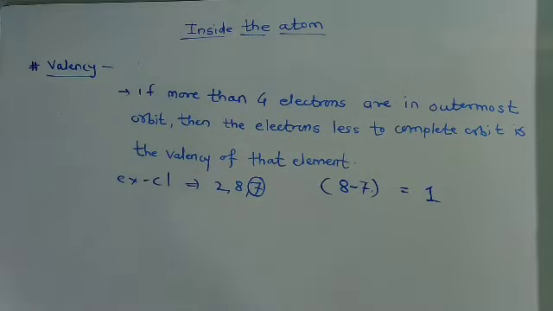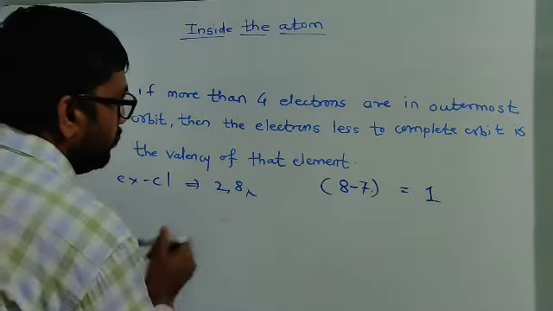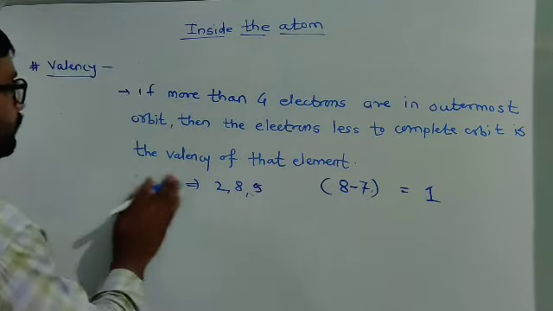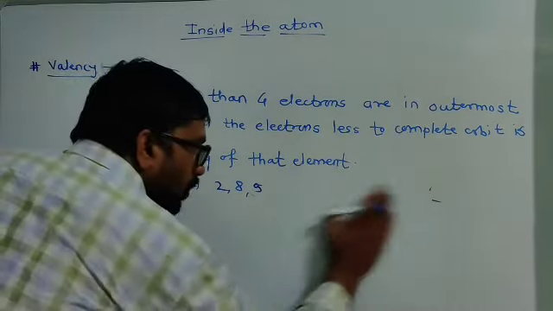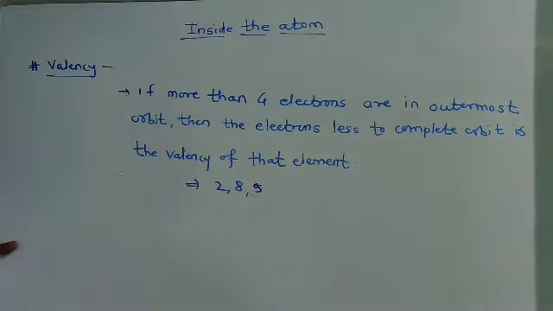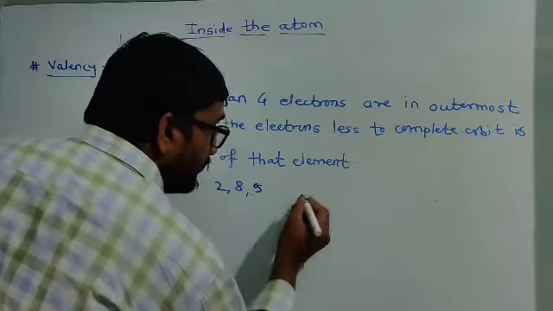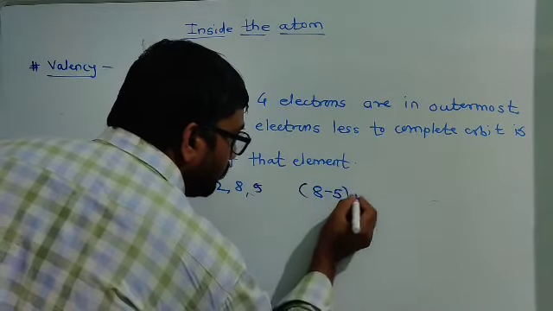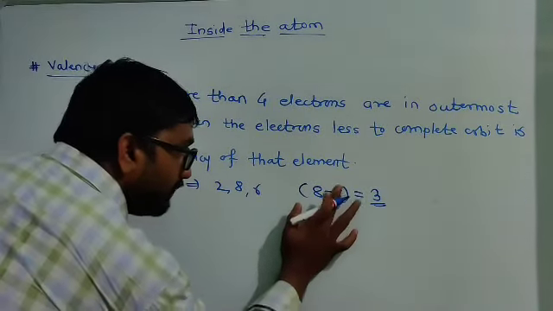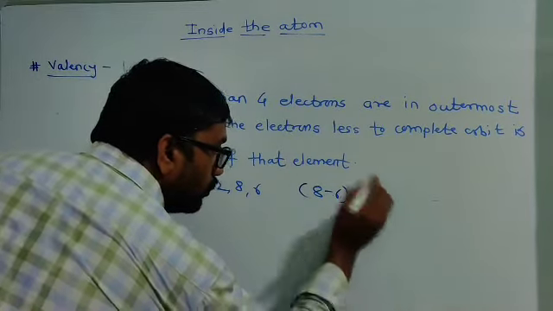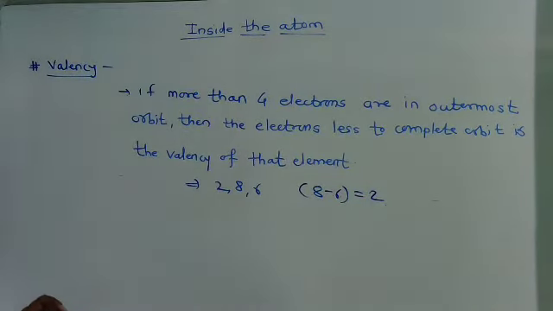If an element has an atomic structure of 2, 8, 5, what is its valency? It has to complete its octet. There are only 5 electrons in the outermost shell, so we take 8 minus 5, which is 3. So 3 is the valency of this element. If 6 electrons are in the outermost shell, then 8 minus 6, 2 will be the valency of that element.